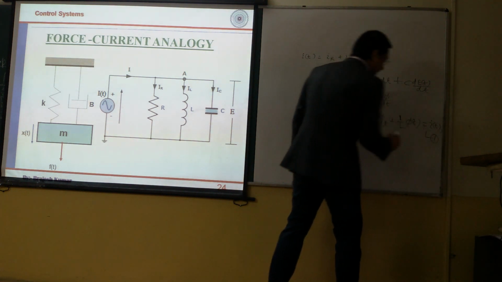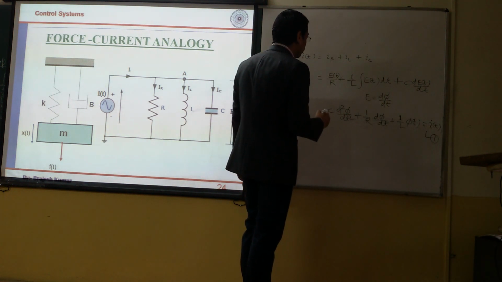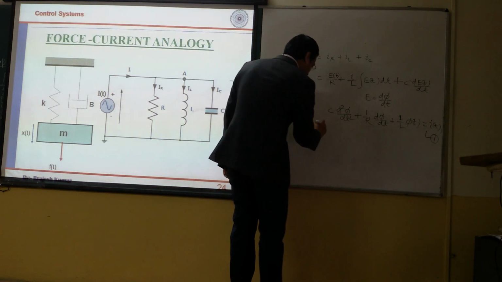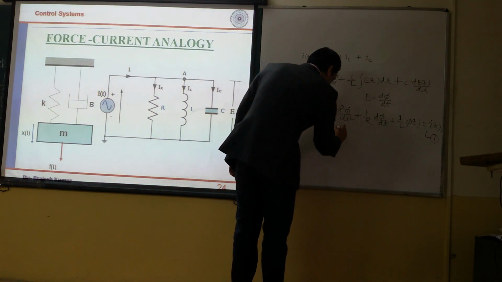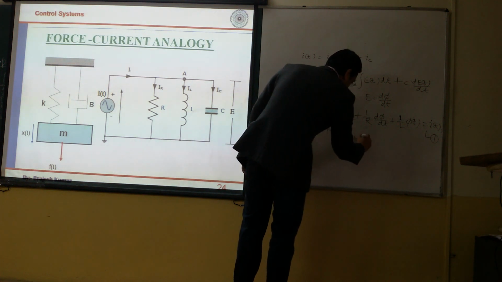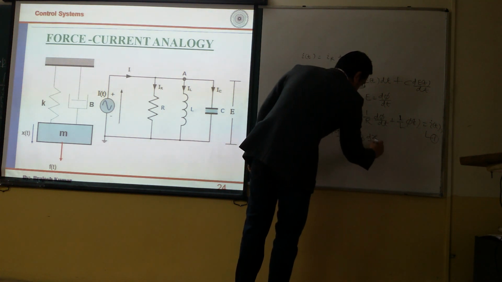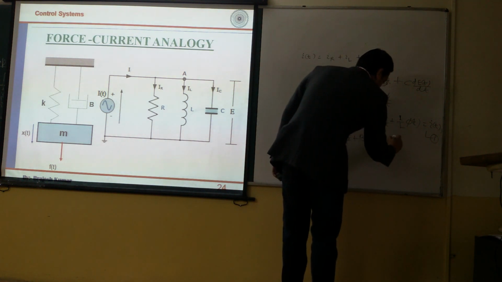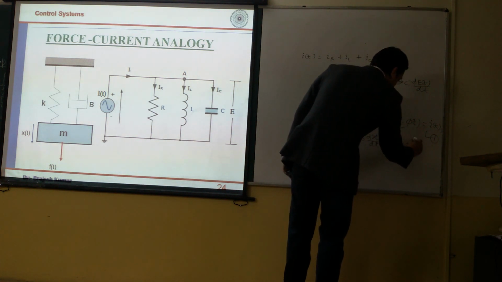This is equation 1. And our previous equation for the mechanical system was m d2x upon dt square plus b dx upon dt plus kx equal to f.